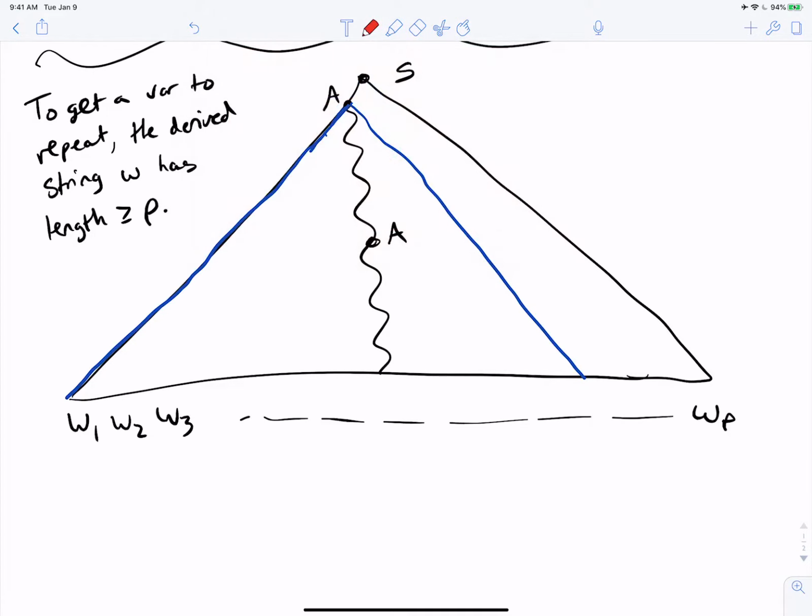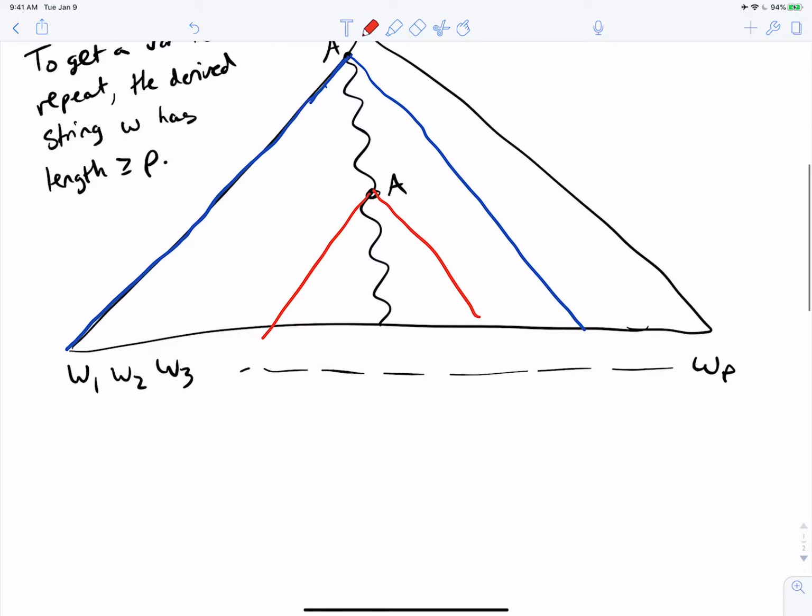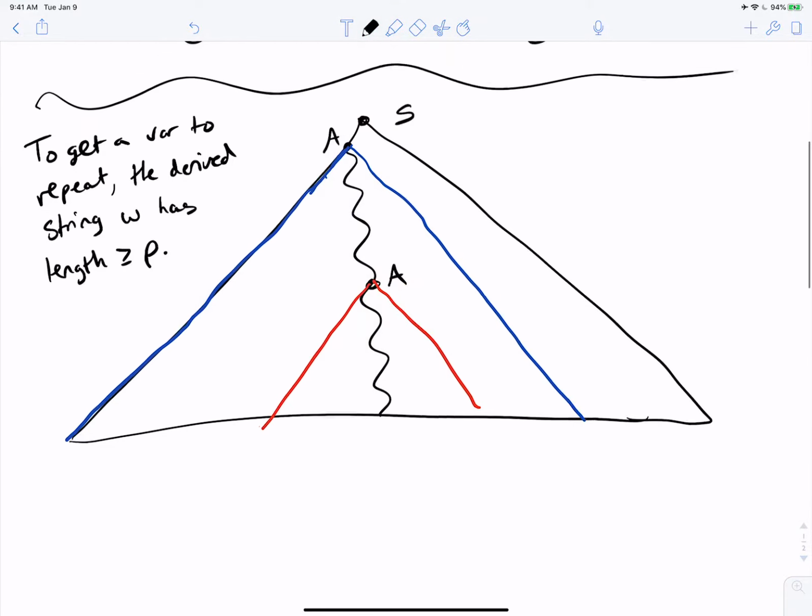And of course, the second occurrence of A also makes something. Actually, I'm going to get rid of the w1 part because I'm going to put some letters below it, and I don't want it to interfere. So let's just say that this is the situation that happens.